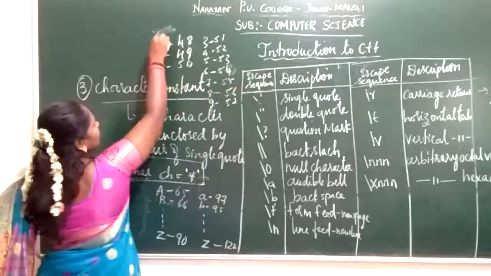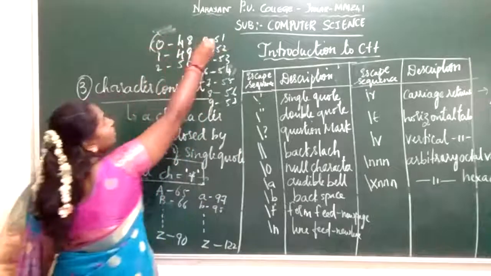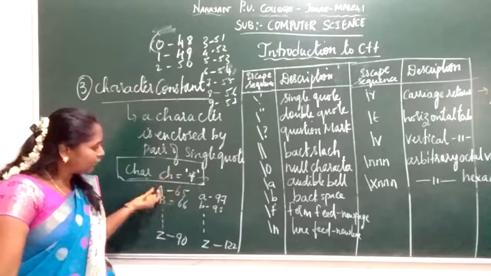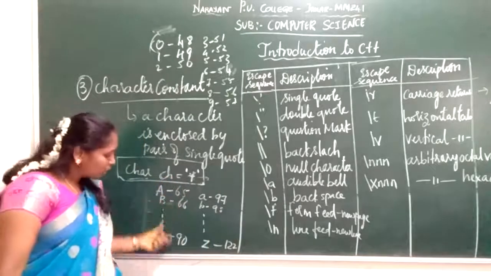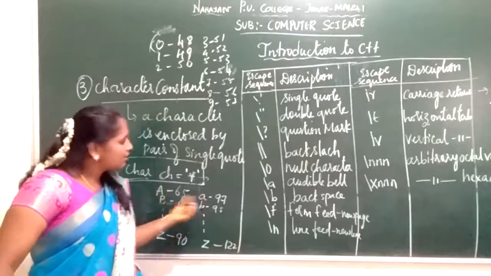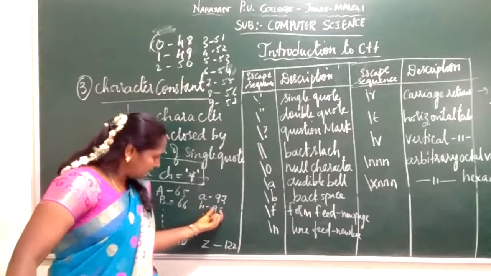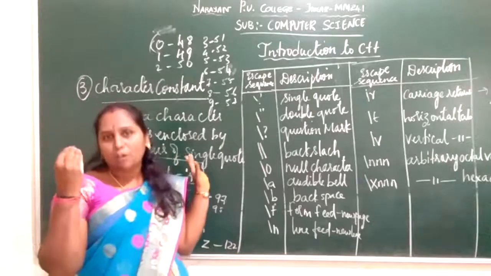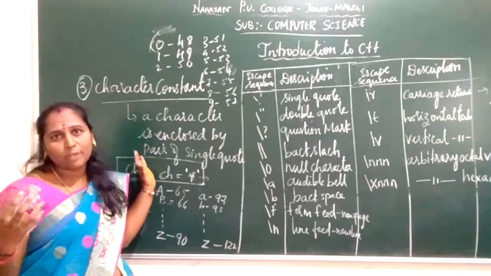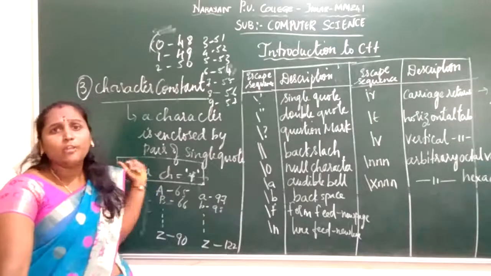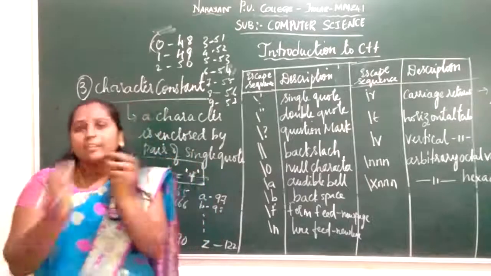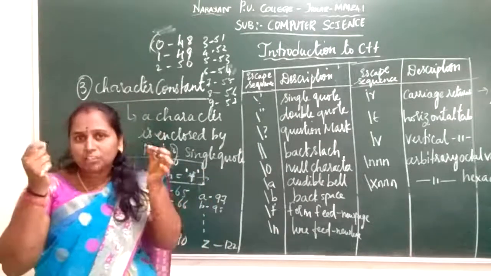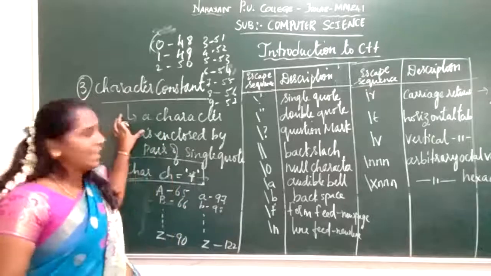So these are the ASCII values given for the digits 0 to 9. Similarly, for characters, A is 65, B is 66, up to 90 for uppercase, and a is 97, b is 98, up to z is 122 for lowercase. So characters are made constant throughout the program execution by using a character constant. How do we use a character constant? A single character enclosed within a pair of single quotes is called a character constant.